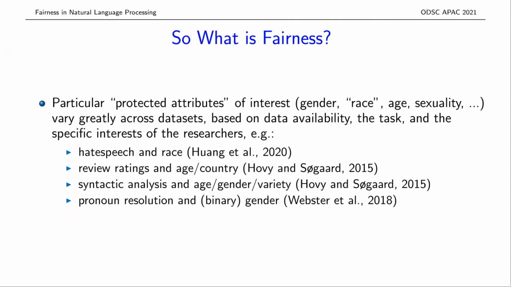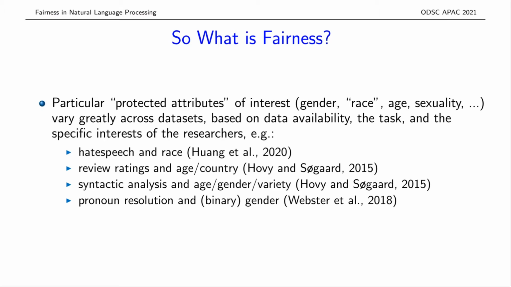Okay, so what are the sorts of protected attributes that people tend to look across when they're talking about fairness? It can be anything really. I guess common protected attributes are things like gender, often in the context of binary gender, race defined in some way (I know it's a problematic term, but defined often relative to different registers of language, say, or self-declared variables), age, sexuality, et cetera.